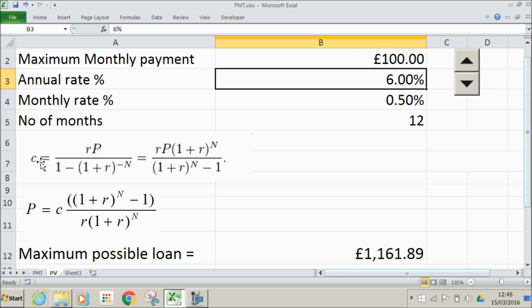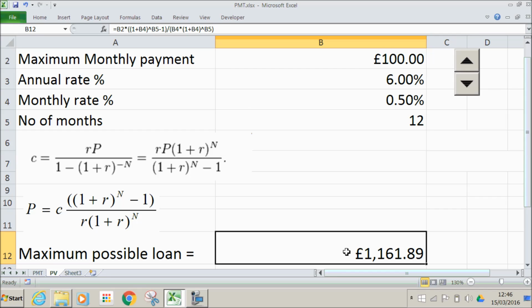In mathematics, we have this formula that will give us the repayment for any amount borrowed at any rate of interest for any number of periods. We can rearrange this formula and put the formula in this cell.